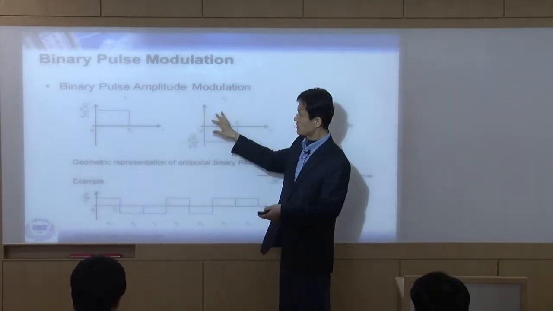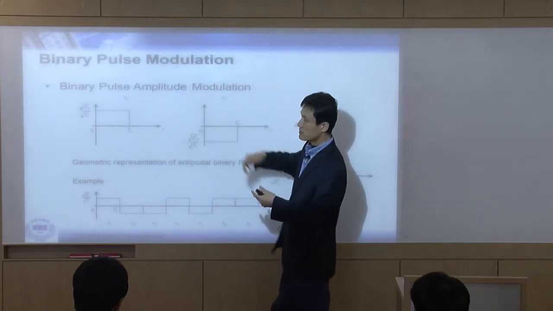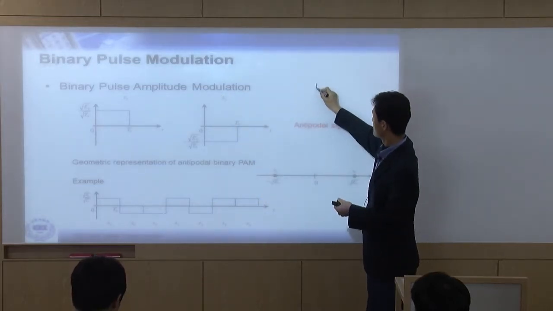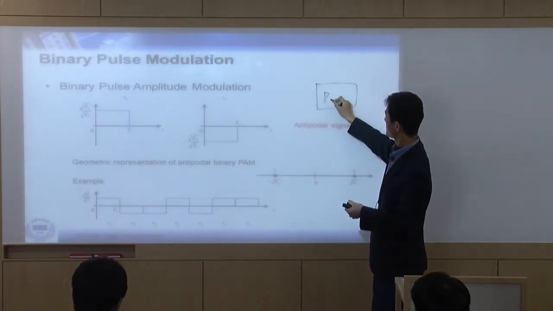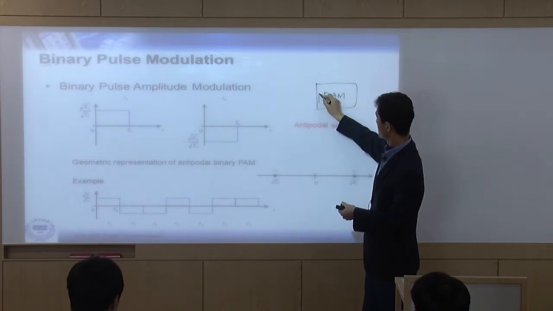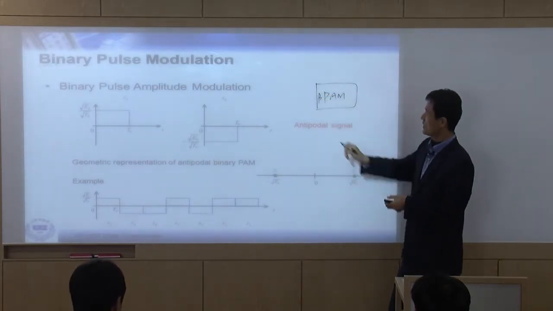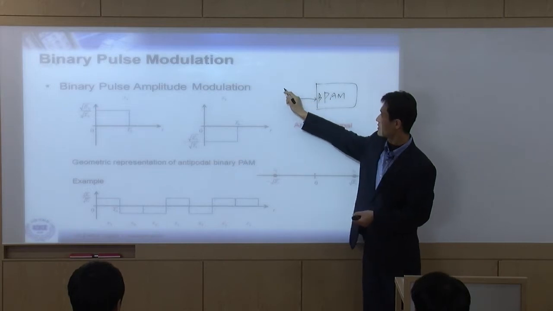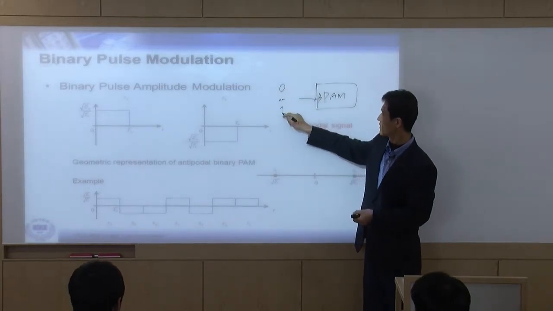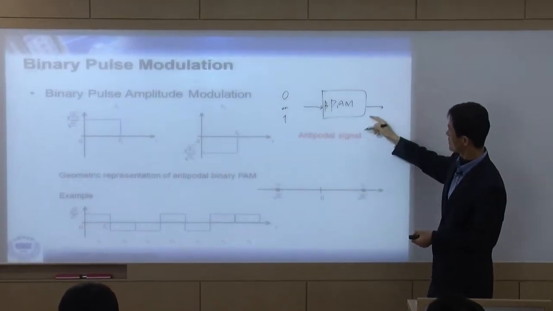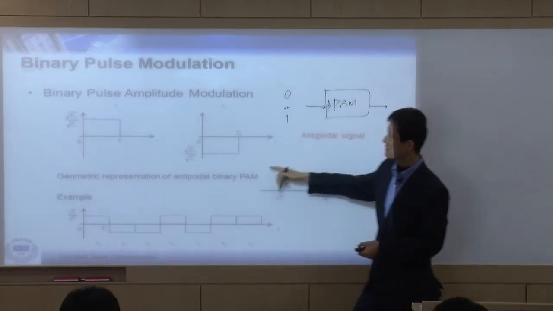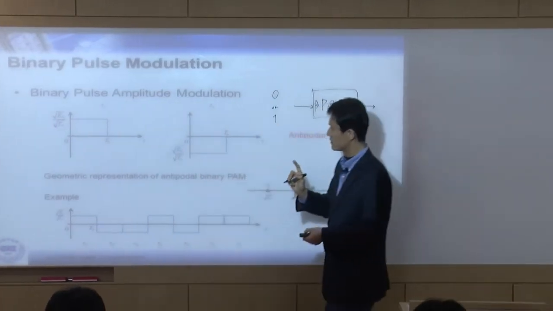So these are symbols. Eventually, this is a modulation. So before this modulation, for example, we have a binary PAM. The input to the binary PAM is going to be 0 or 1. And the output of this binary PAM is this one or this one.